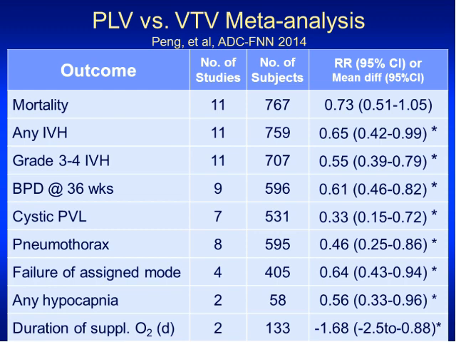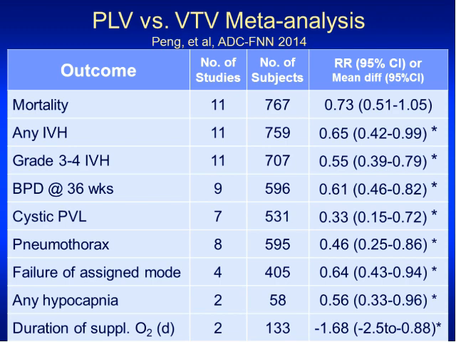But all the other outcomes that they looked at, or that I listed here, are statistically significant. The numbers do not cross 1. And so there is a 35% reduction in the risk of any intraventricular hemorrhage, a 45% reduction of severe intraventricular hemorrhage, an almost 40% reduction in chronic lung disease, a 2/3 reduction in the incidence of cystic periventricular leukomalacia, and more than 50% reduction in the incidence of pneumothorax, reduction in the incidence of low CO2s, although only 2 studies looked at that.